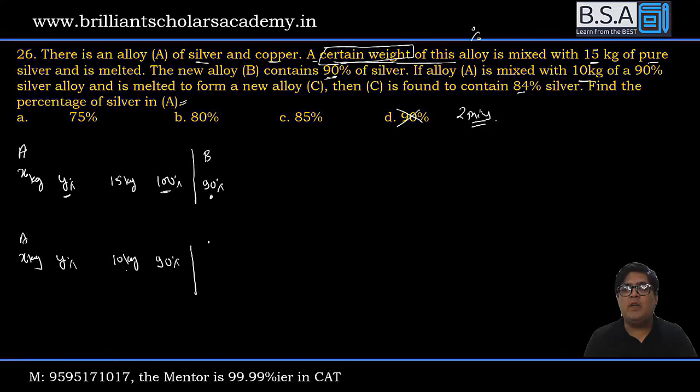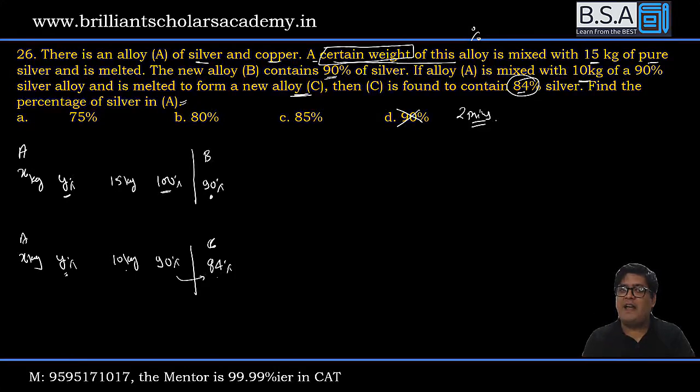What are you forming? You are forming an alloy C. In C, 84% silver is there. The question is to find the percentage of silver in A. Can I say this 84 is less than 90? The average is less than 90.